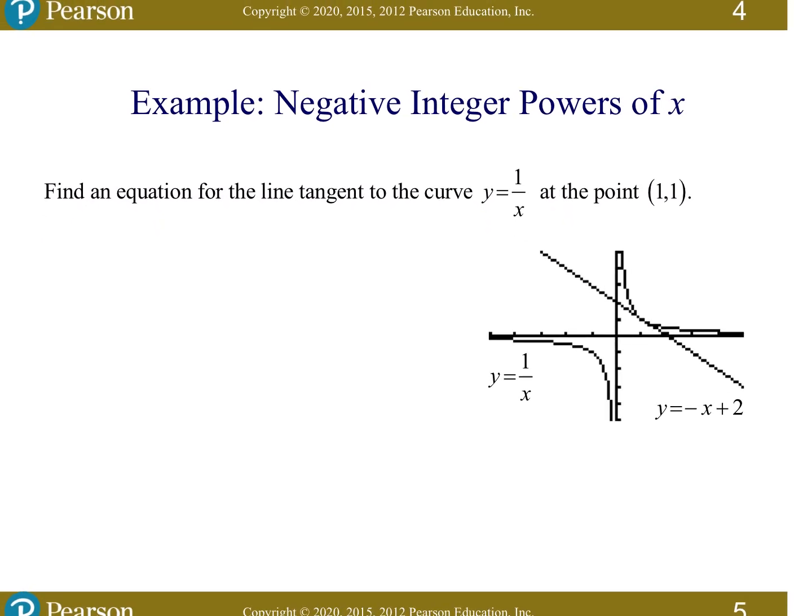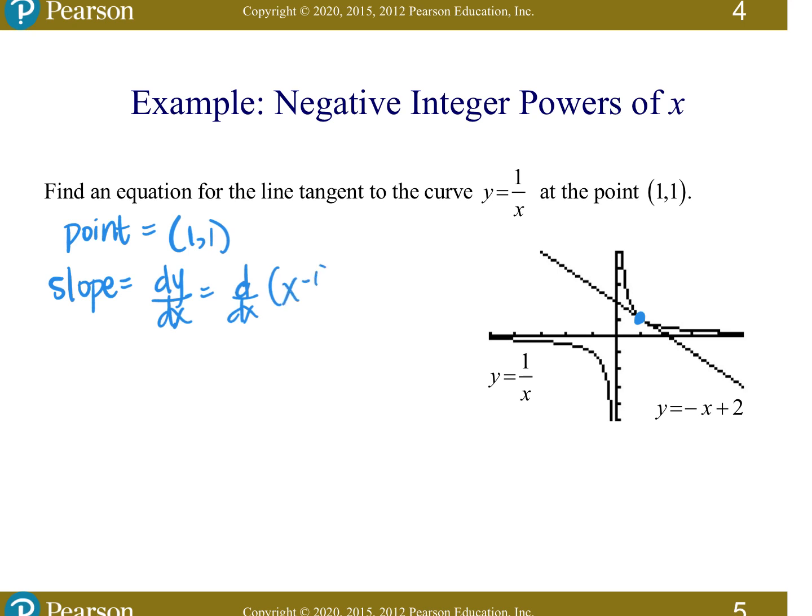Okay, so if we're looking for a tangent line, remember when we're finding a tangent line, we need a point and we need a slope. So the point is given to us to be (1, 1). That's right here on the graph. And now we want the slope. The slope will be dy dx, which is the derivative of the equation x to the negative 1.